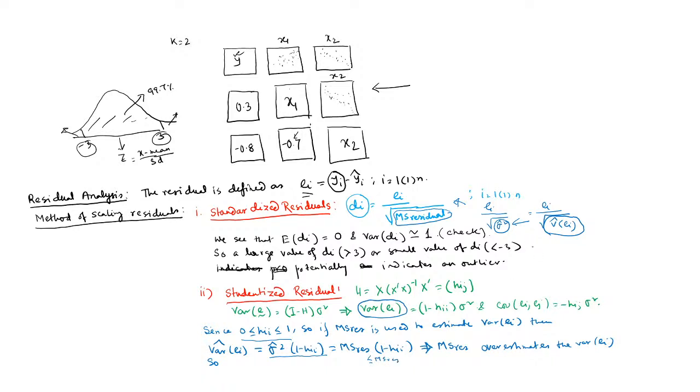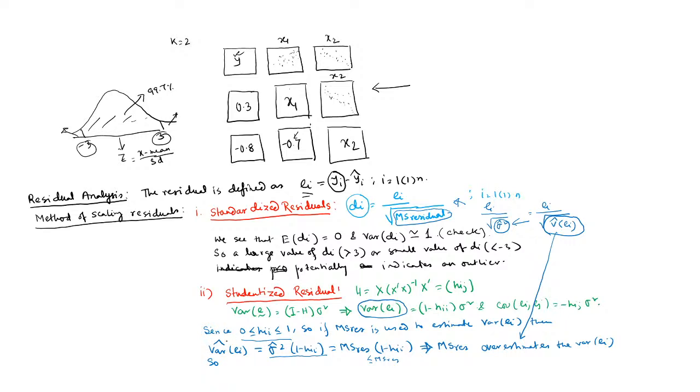So here, instead of the unbiased estimator of the variance of e_i, I use an overestimate. Instead, I use sigma hat square times (1 minus h_ii), which is logical.